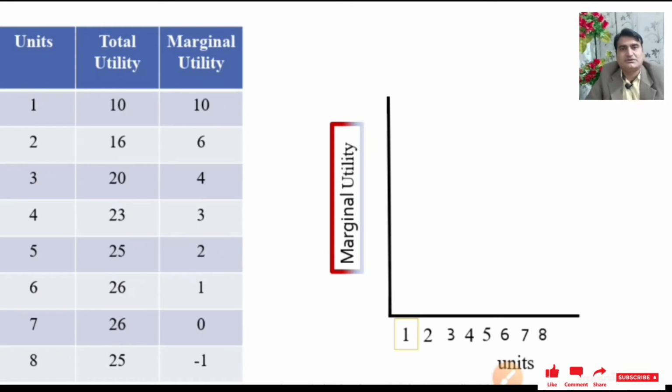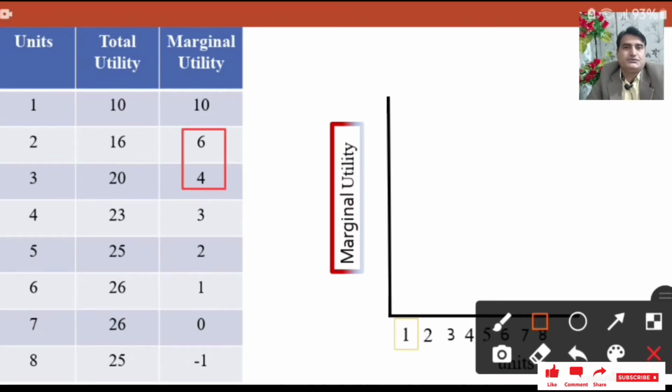It means the total utility increases with a decreasing tendency. The marginal utility in the first unit is 10, and in the second the marginal utility is 6. Then this is 4, 3, 2. By deducting 20 minus 16, it is 4. As we have known, the marginal utility can be calculated by the present total utility minus the preceding utility.